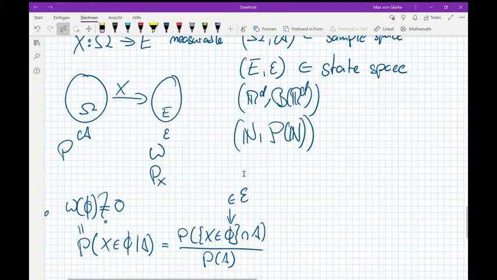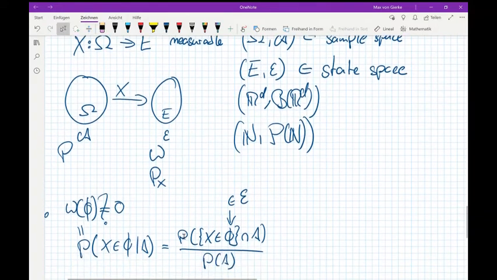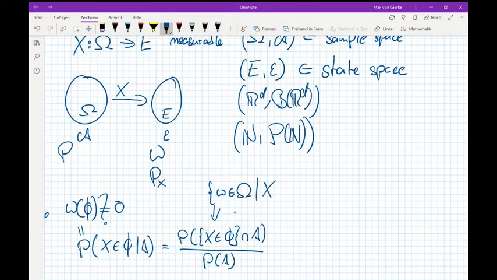As I said, P measures the sample space, but this empty set is in E, while this set is actually in script A, because this is a short notation for {X(omega) is in the empty set}.